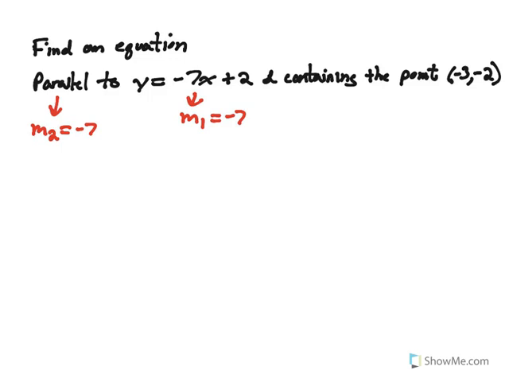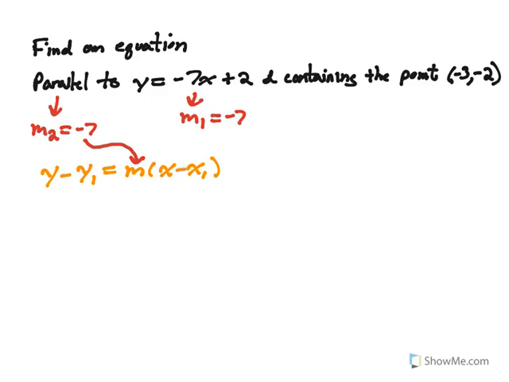then we can go ahead and just write down the formula that we use, okay? Y minus y1 equals m times x minus x1. All right, and what we want to do is we want to plug in this slope for here. Because remember, we want to create a second line that's parallel.